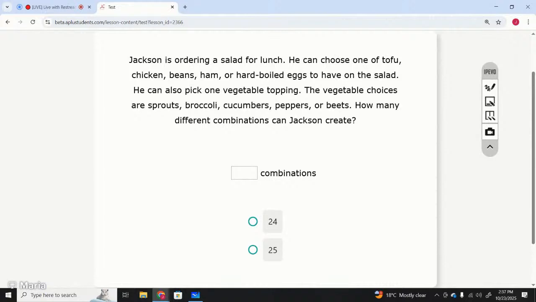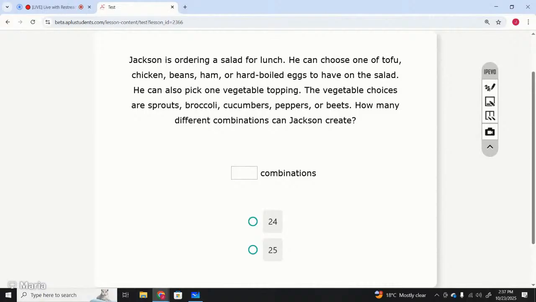Jackson is ordering a salad for lunch. He can choose one of tofu, chicken, bean, ham, or hard-boiled eggs to have on the salad. He can also pick one vegetable topping. The vegetable choices are sprouts, broccoli, cucumber, pepper, or beets.